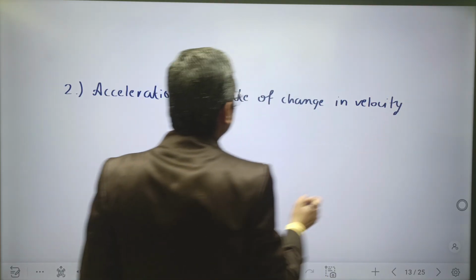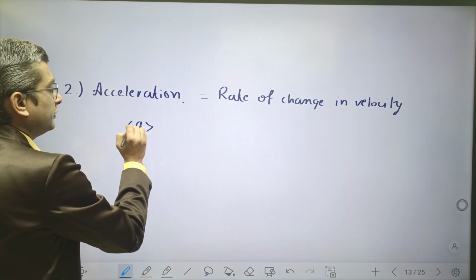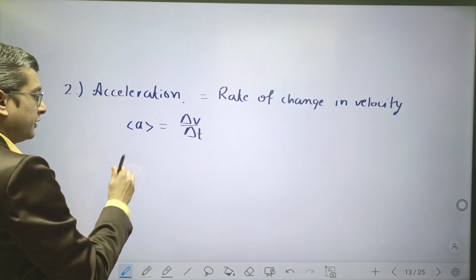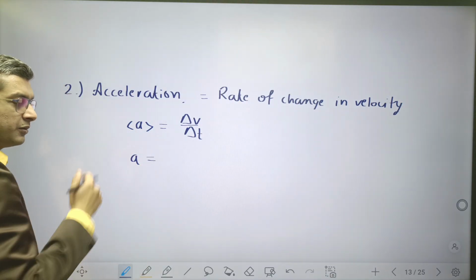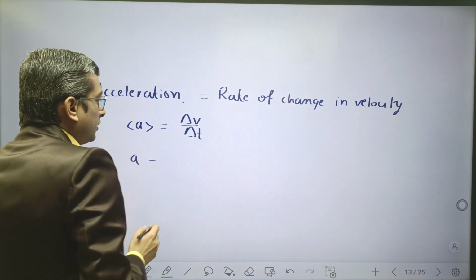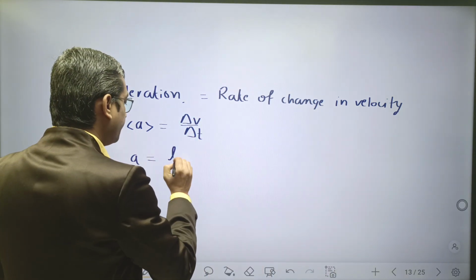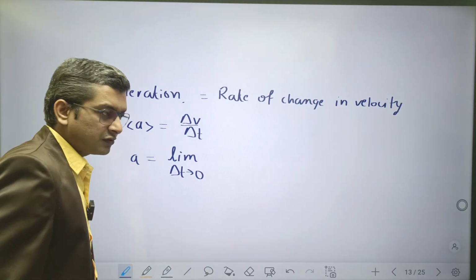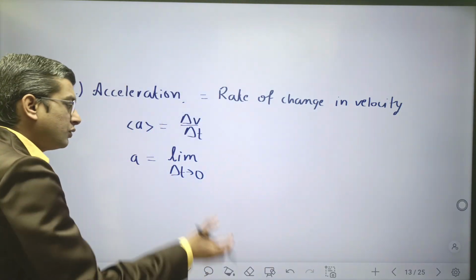So now this again can be defined in two ways. The first is average acceleration, which is given by delta v by delta t. And the second is instantaneous acceleration, which is simply represented by a. So we have to convert this average into instantaneous. So what we do, we put limit delta t tends to 0, because for that infinitesimally small time interval, the average change is equal to the instantaneous change.